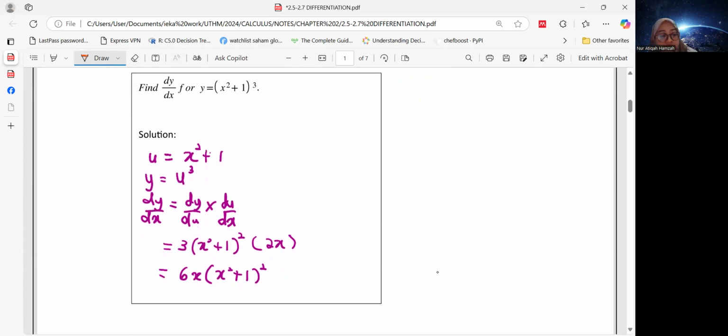For example, you need to find dy/dx for y equals (x squared plus 1) to the power of 3. So let u be equal to x squared plus 1. So we have y is equal to u to the power of 3. Then if we use the chain rule, dy/dx is equal to dy/du times du/dx. So you need to find dy/du. You have to differentiate the u function.